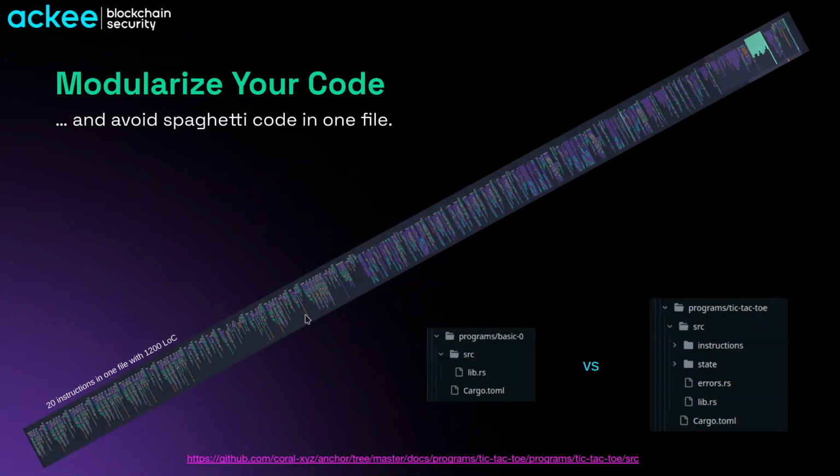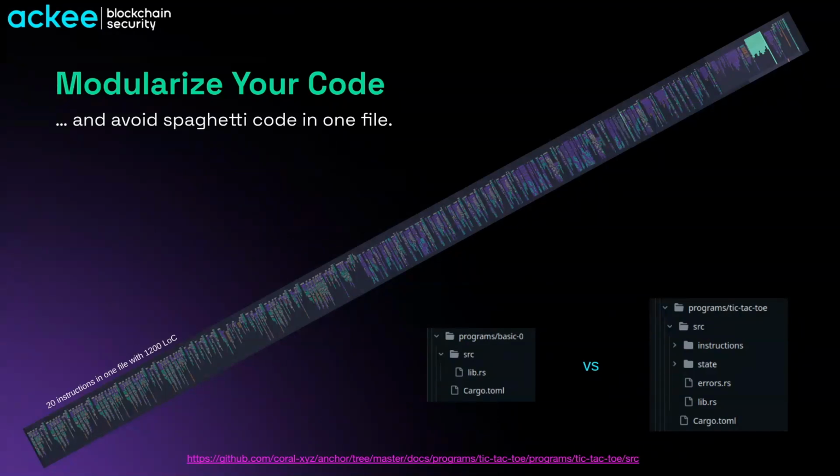So this is an example of one file of more than 1,200 lines of code with 20 instructions in one file. It really starts quite quickly not being very maintainable. So the advice here is to modularize your code.